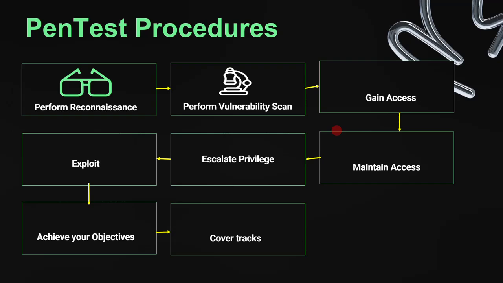We need lateral movements, and then launch some exploits, do some cool stuff, and achieve our objectives. So what do you want to do? Shut down the host PC? Move files? Delete files? What is our objective? Then you have to cover your tracks so that it will not be easy to trace what actions were done.